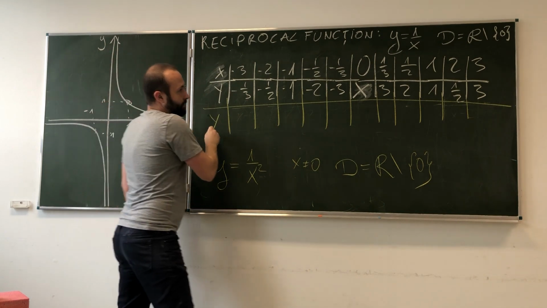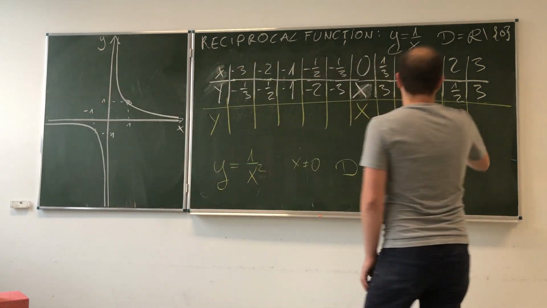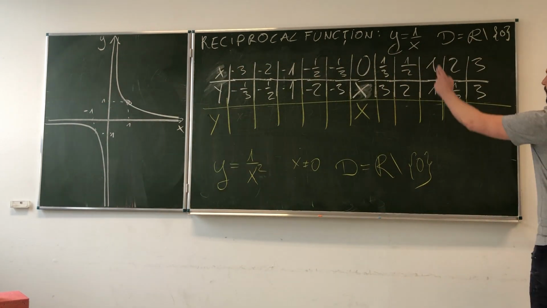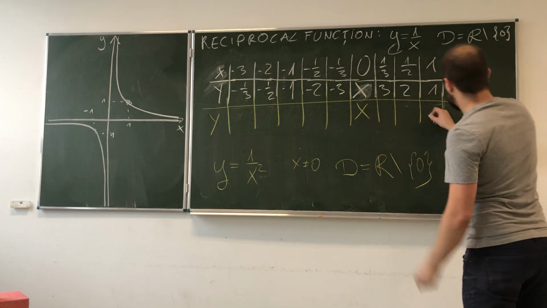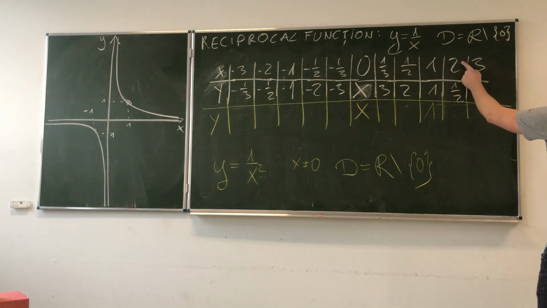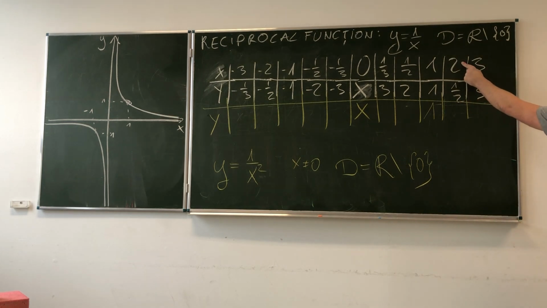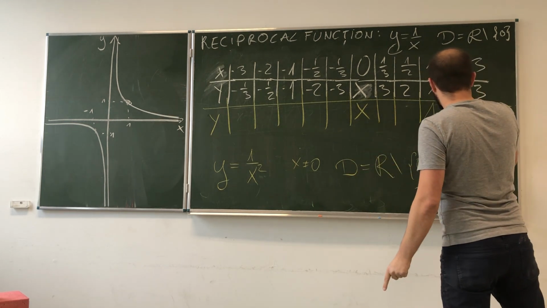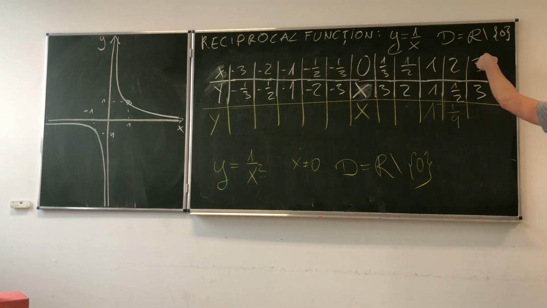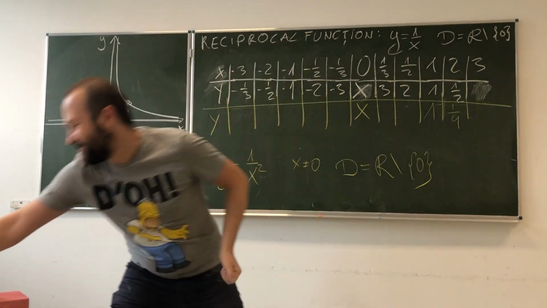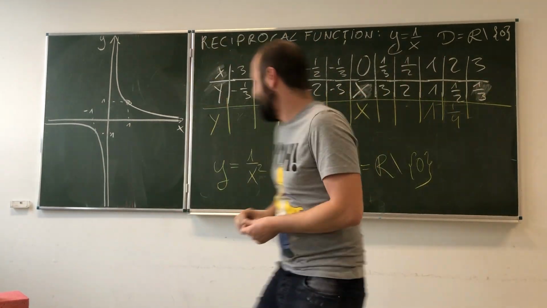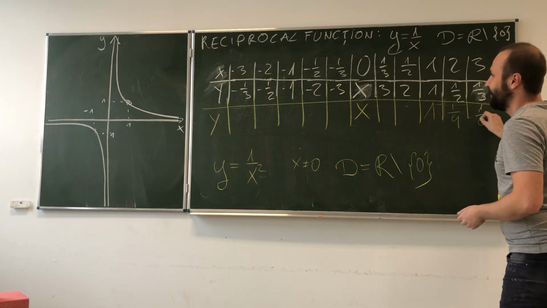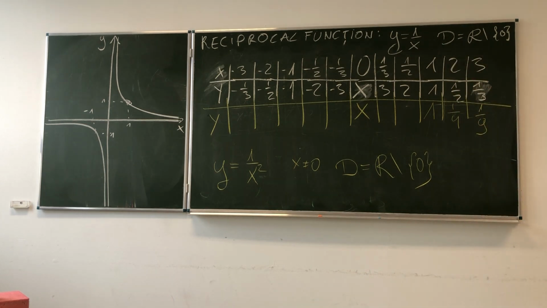Now, here we still have x, but of course, at this point, 1, if x is 1, y is 1. If x is 2, though, we've got 1 over 4. If x is 3, we've got 1 over 9.